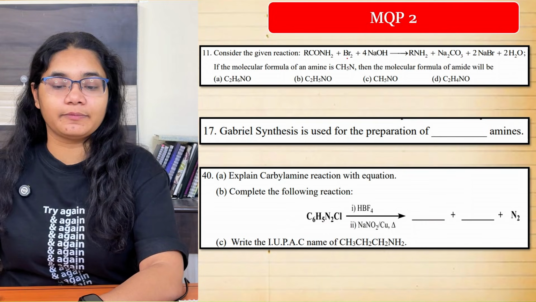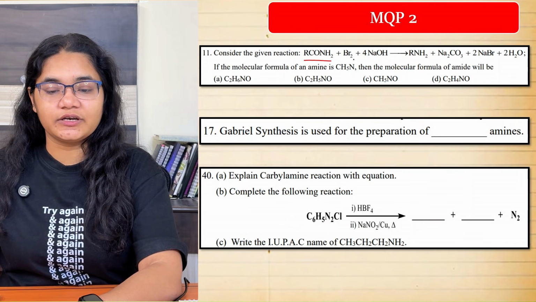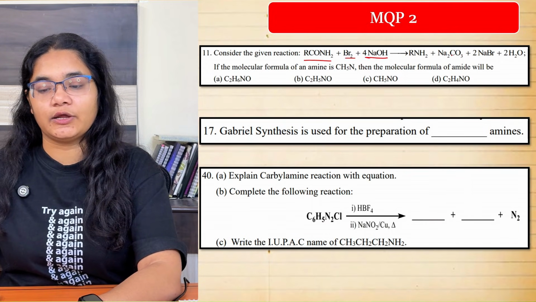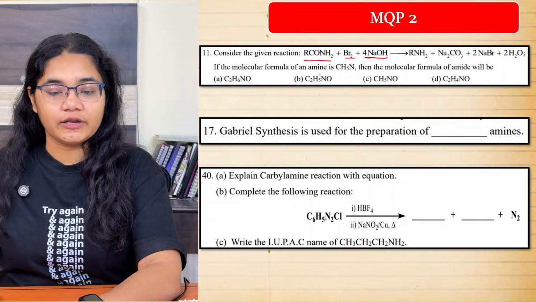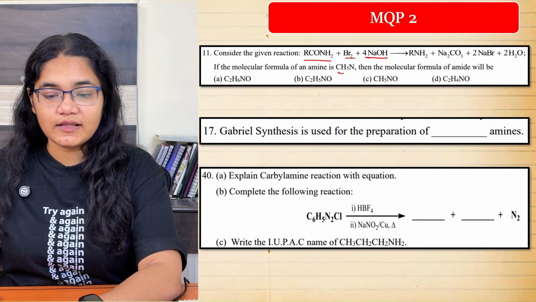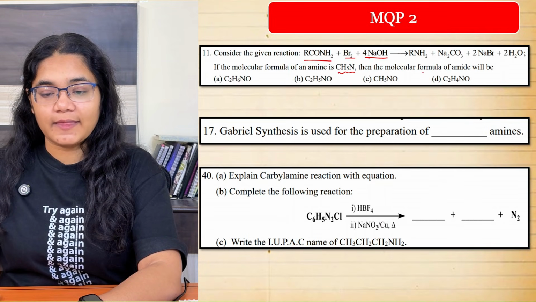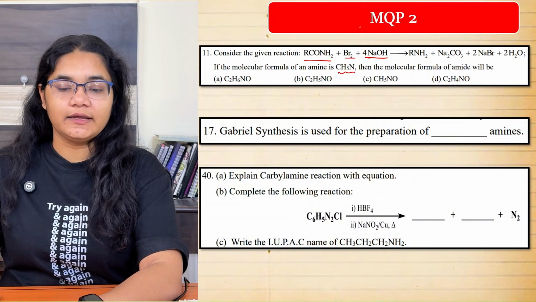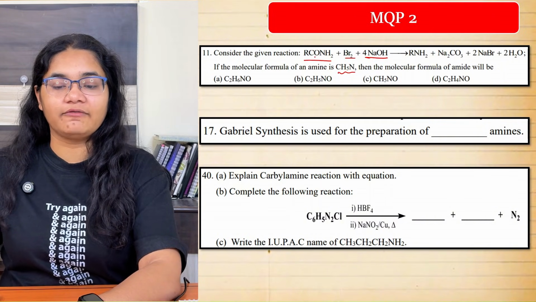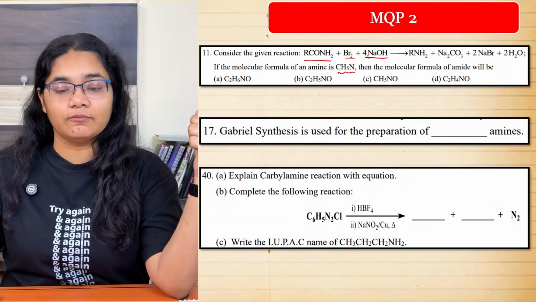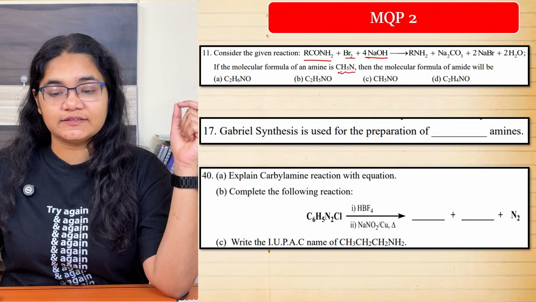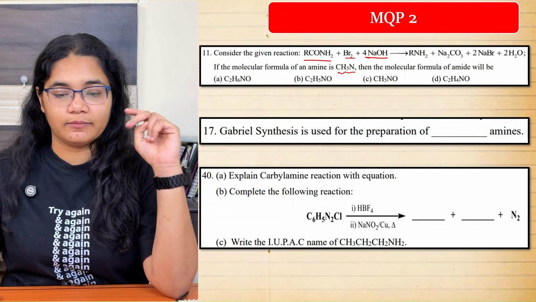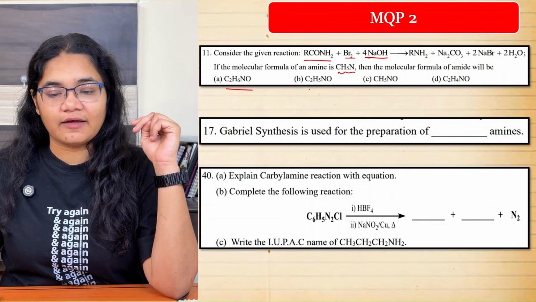Moving to model question paper 2, consider the following reaction. RCONH2 plus Br2 plus NaOH gives you this product. If the molecular formula of an amine is CH5N, then the molecular formula of the amide will be, okay. Now see, the amide will definitely have one carbon more, right? So if here it is one carbon, then in the reactant there will be two carbons, right? So which options are having two carbons?